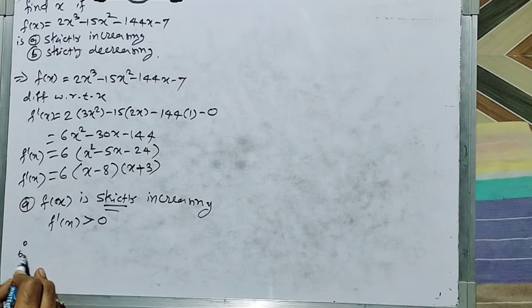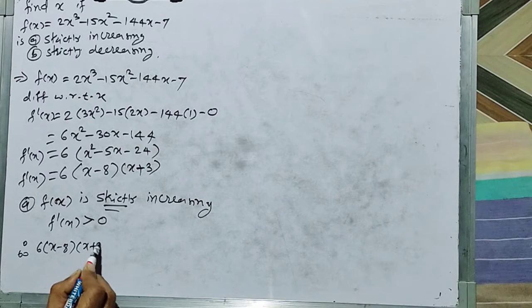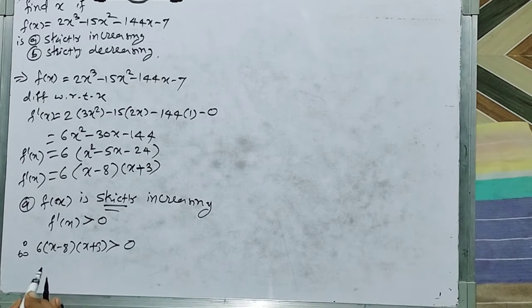So therefore here 6 into x minus 8, x plus 3 is greater than 0. It means x minus 8, x plus 3 is greater than 0. Now here product of two terms is positive.